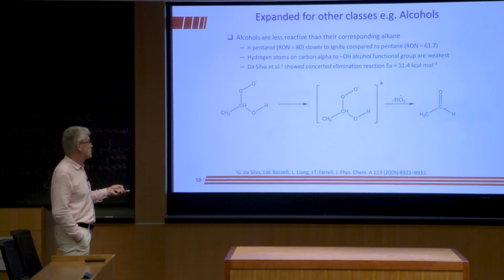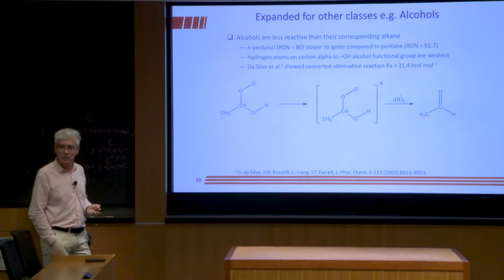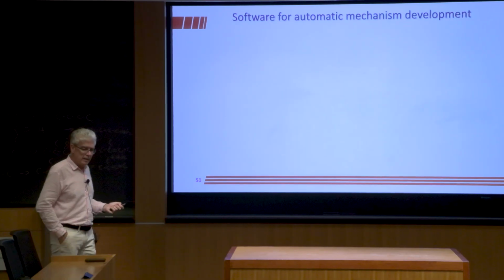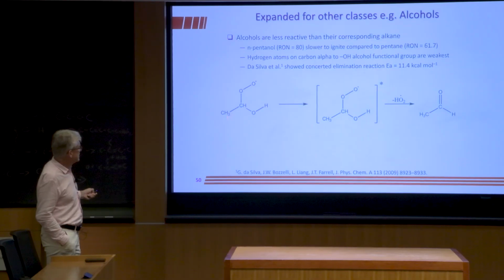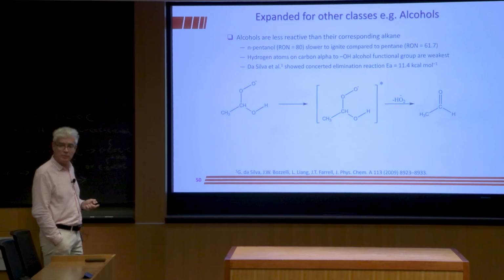But in this case, it gives you the aldehyde plus HO2. Okay? And in the case of ethanol, it's acetaldehyde. Okay. Sorry, I didn't complete this. So if this is our RO2, that gives you this aldehyde plus HO2.